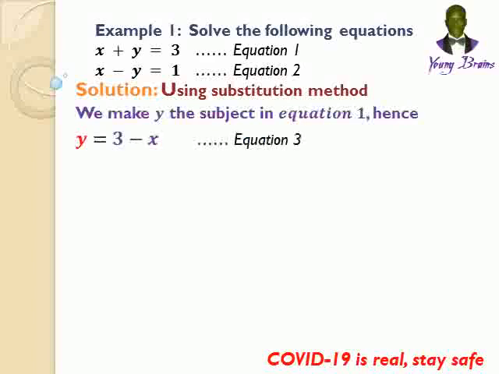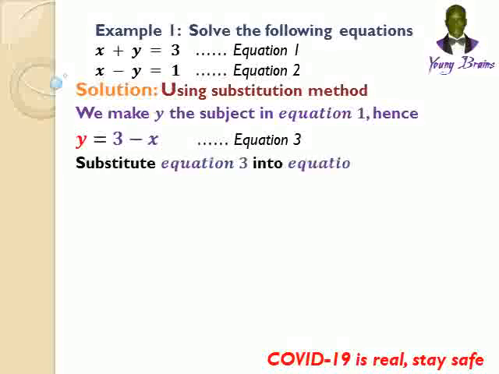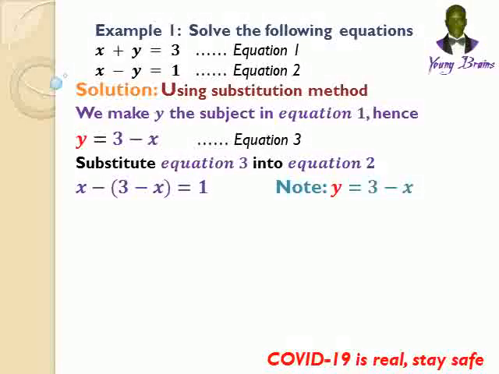Hence, we have y equals 3 minus x. That gives us equation 3. We later substitute equation 3, that is the value of y, into equation 2. So we have x minus (3 minus x) equals 1, noting that y equals 3 minus x.